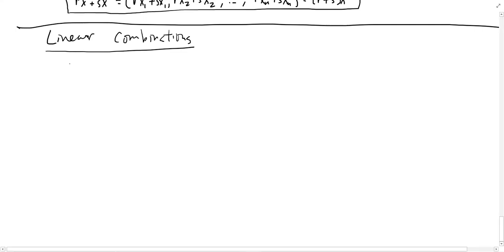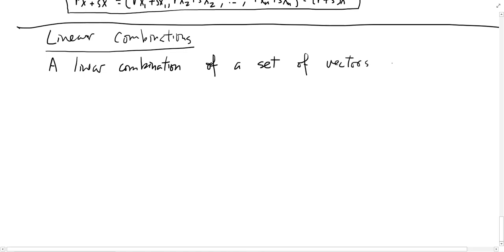So here's a definition of a linear combination. A linear combination of a set of vectors is basically the sum, so there's a keyword, of multiples, the second keyword, of those vectors.